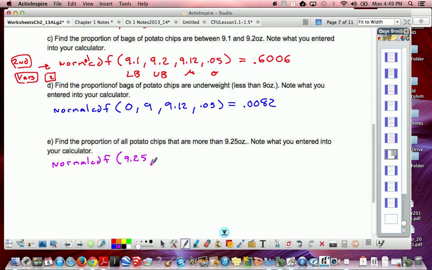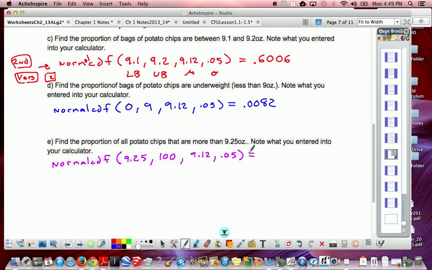Well, this next number, you just need to make sure you pick a number that is big enough to incorporate all of them. I usually use 100, or I look at the context of the problem. It wouldn't make any sense to see a bag of potato chips more than 100 ounces. Should be able to get all of the possibilities.